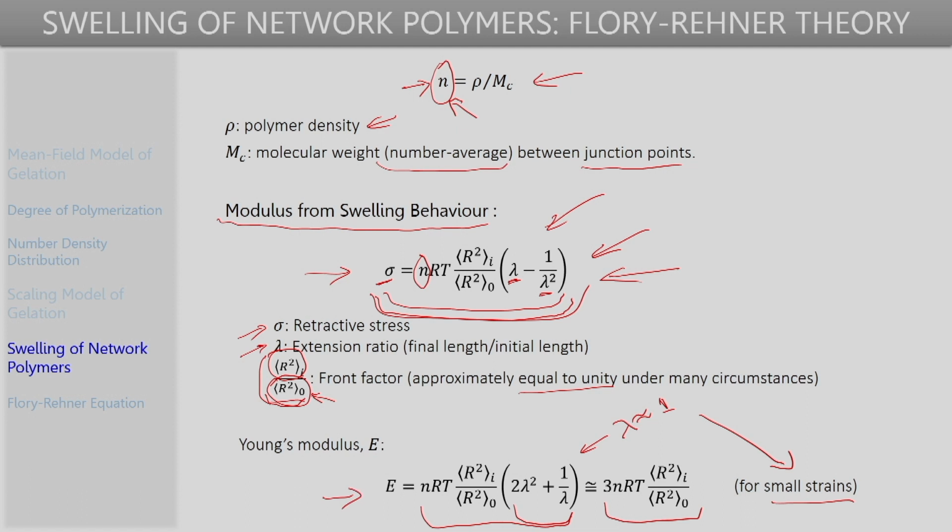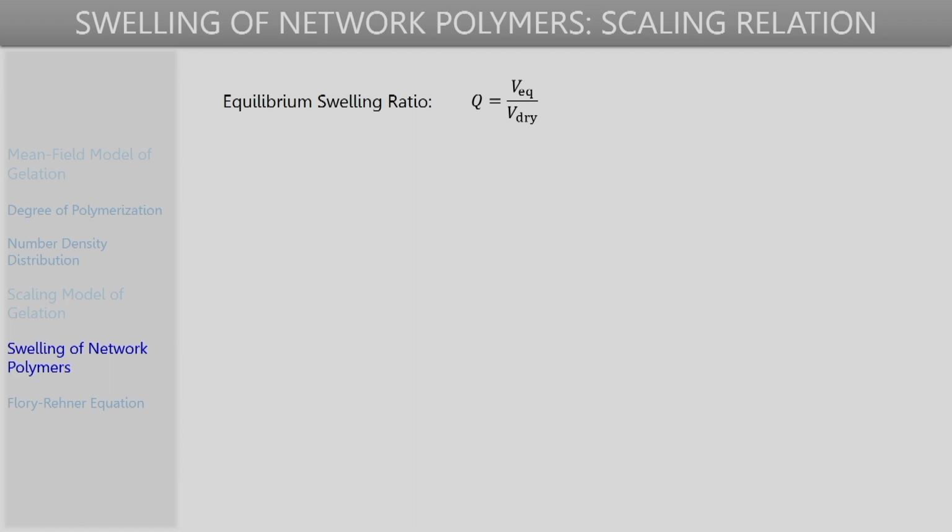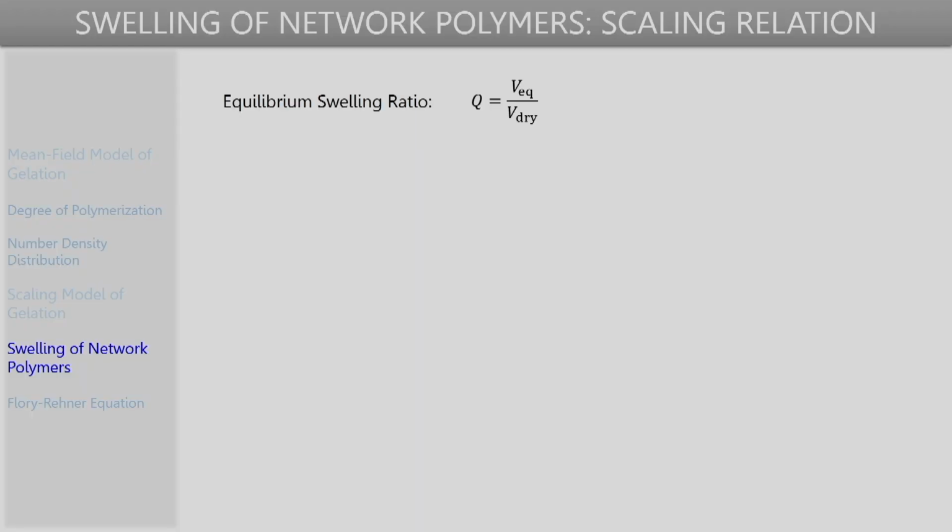Okay. So, before we conclude, we will just talk about a couple of other aspects related to polymer network swelling. A quantity known as the equilibrium swelling ratio Q can be defined as the volume of the polymer network or polymer gel when it is swollen and at equilibrium, divided by the volume of the dry polymer network sample.